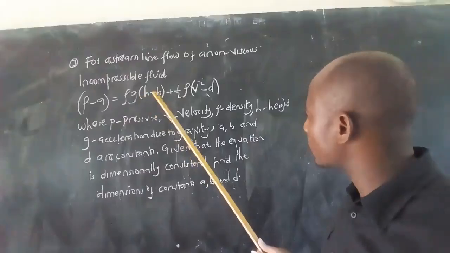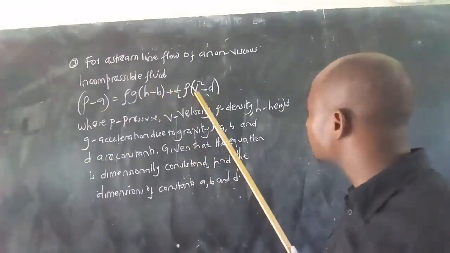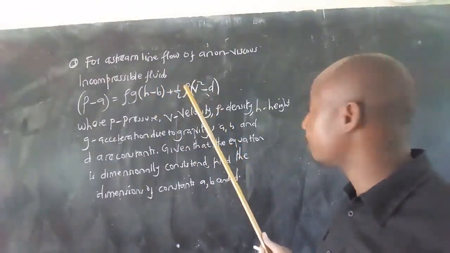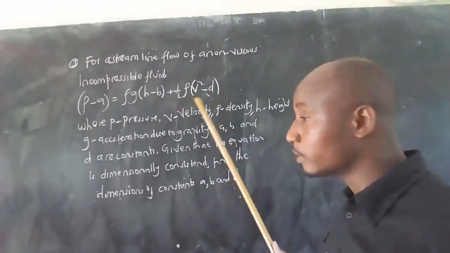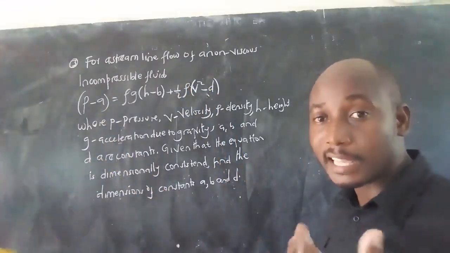Then this is h minus B, h is height, so obviously this one should also be distance. This one is velocity, so obviously this one should also be velocity. Therefore, these ones are not dimensionless constants. They have dimensions, though they are constants in this case. We don't know them, but we can find their dimensions.